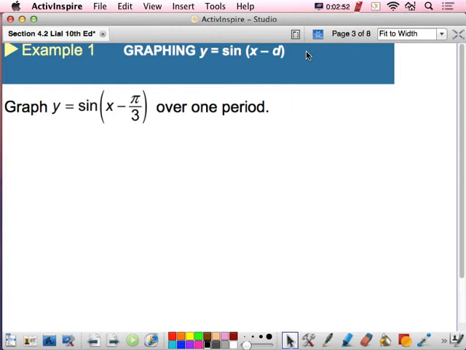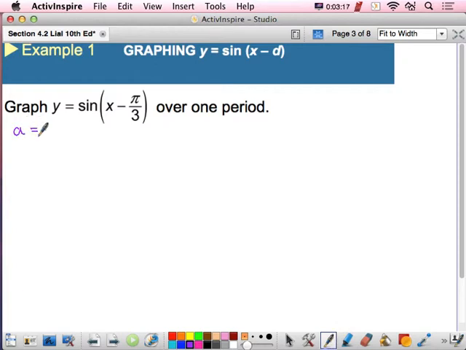For this problem, we want to graph y equals sine of x minus pi over 3. And we're just going to draw the graph over one period. To me, the best thing to do is to go ahead and identify little a, little b, little c, little d, and decide what each of those tells you. Which one of those numbers is little a?